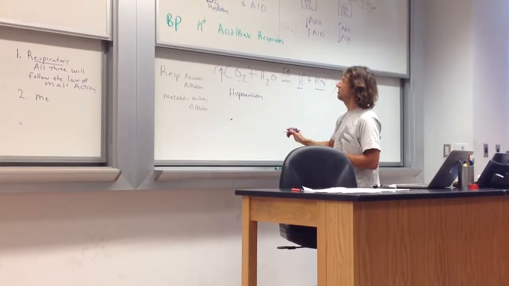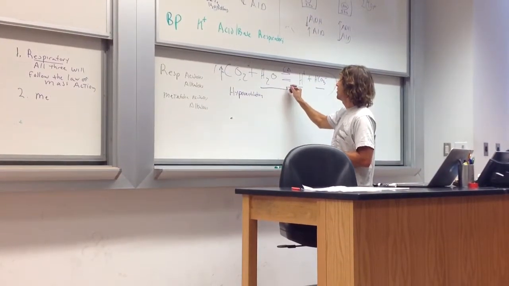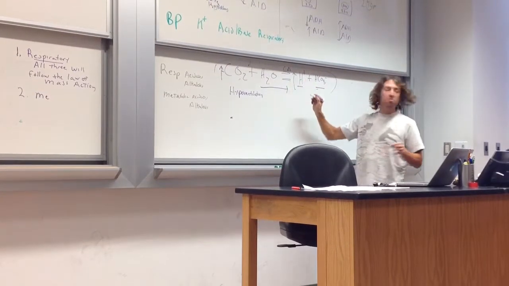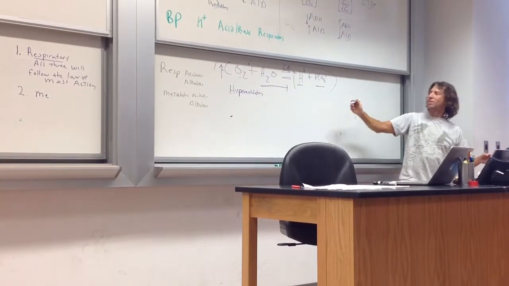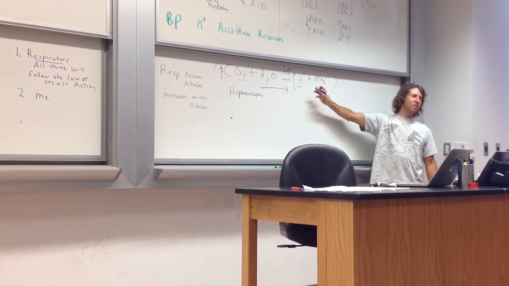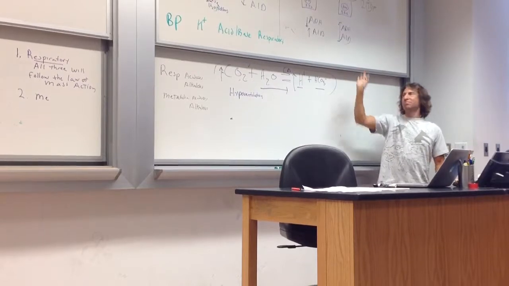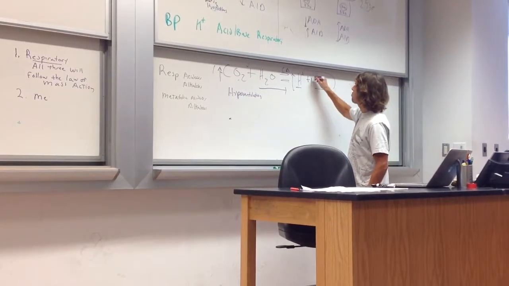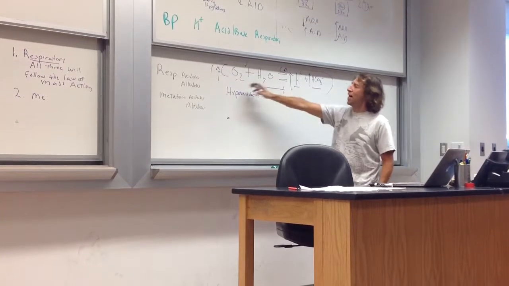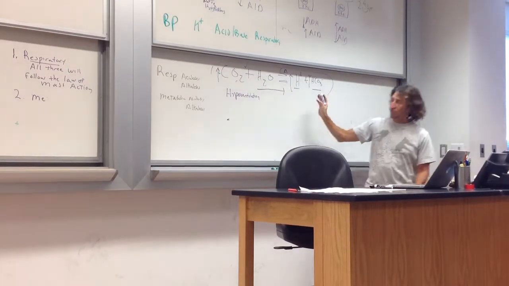Law of mass action. Goes right. Which caused what? High H. But what we didn't say before is, if you're going this direction, it's not just one product that goes up, does it? No. Both products go up. So not only do we have high hydrogen, we have high CO2, high bicarbonate.